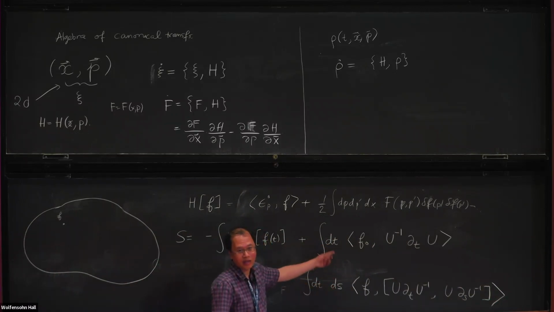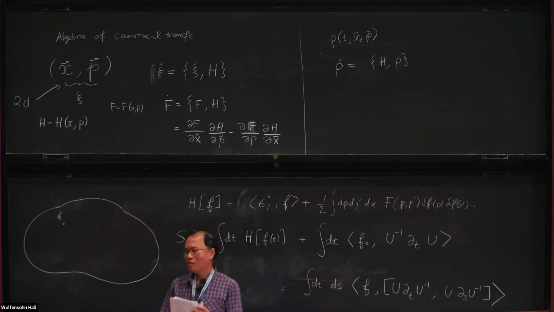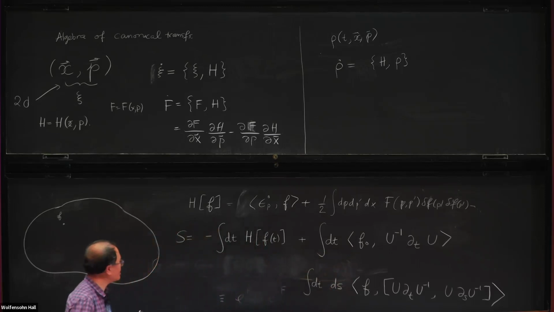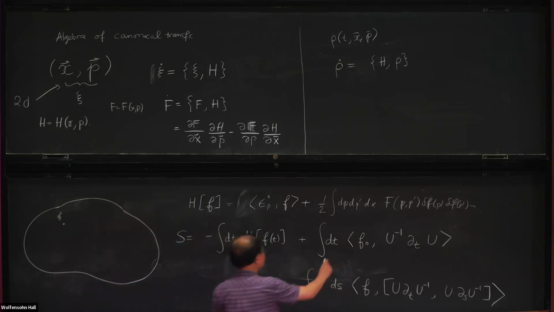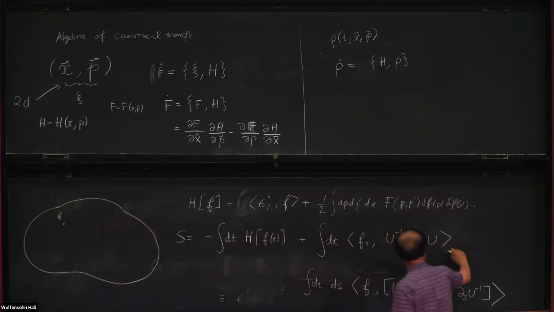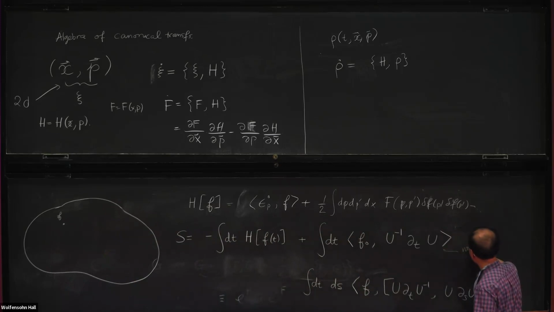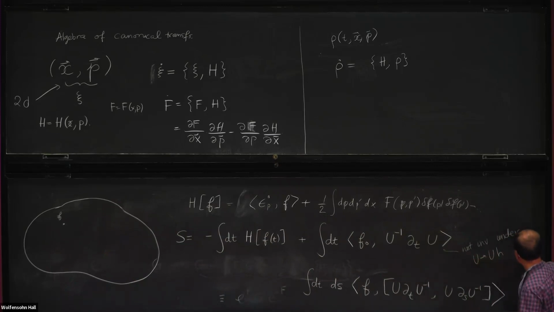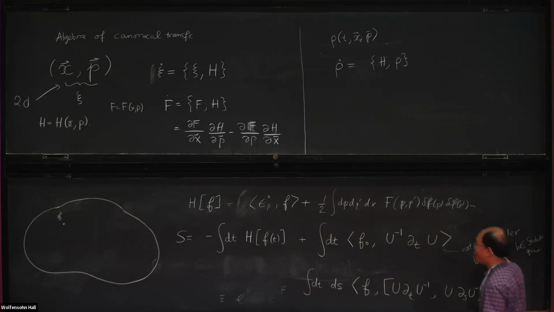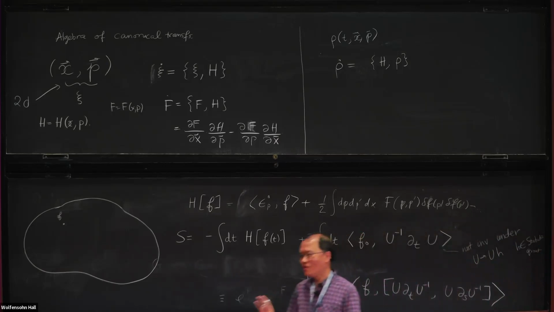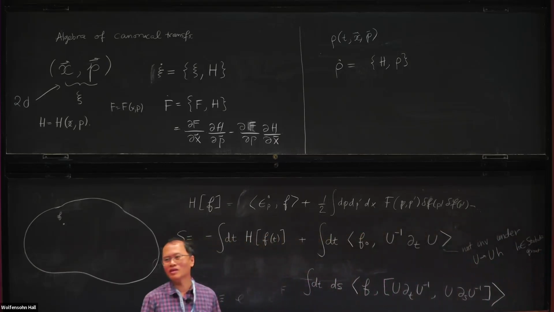But in this case, one can do that with a price to pay, and the price is that this Lagrangian density is not invariant under u goes to u times h, where h is in the stabilizer group, but is invariant only up to a total time derivative.